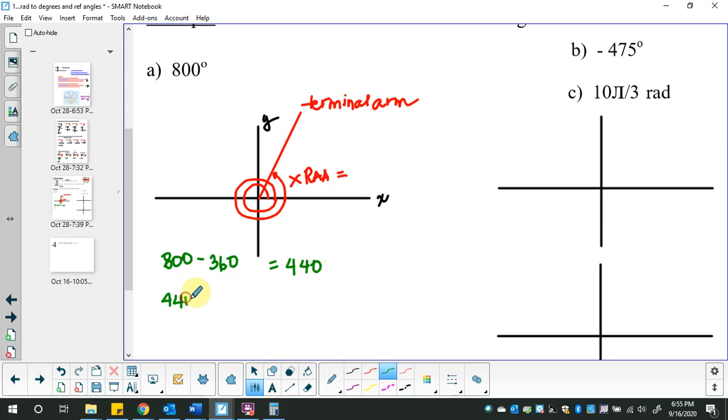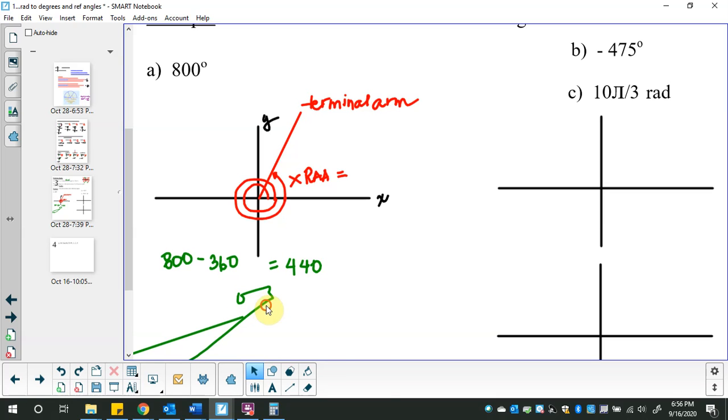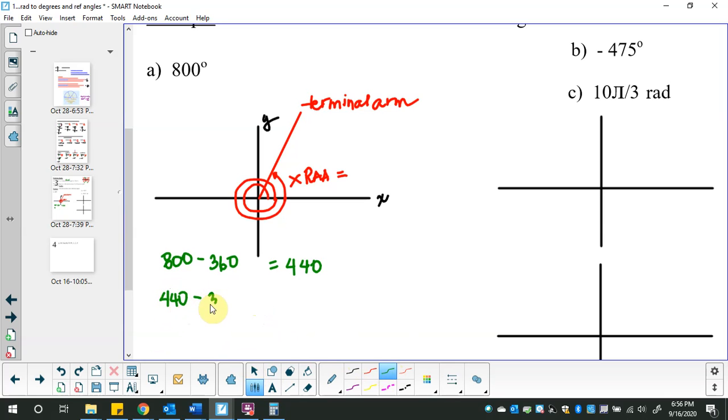So how about I take 440 degrees and I subtract 360 degrees, another complete rotation, I'm left with 80.